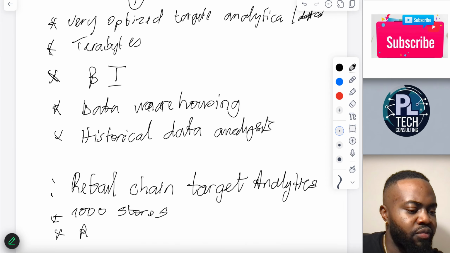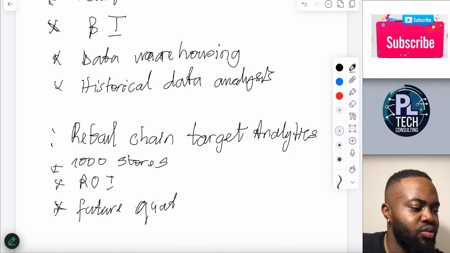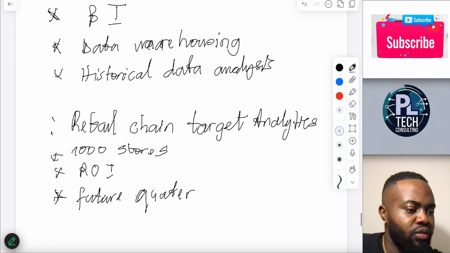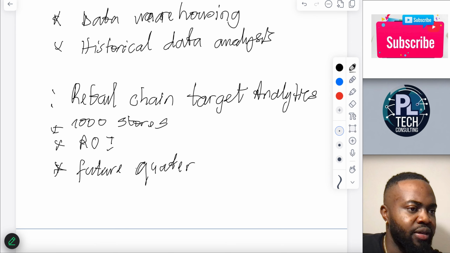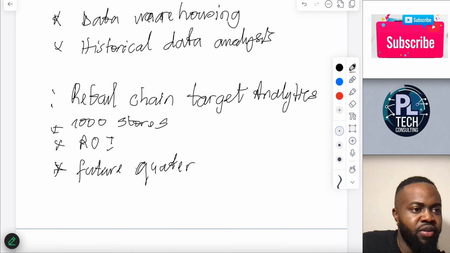Calculating return on investment, or forecasting future quarter sales based on data from the last 24, 25 years. Or think about marketing campaign analysis, trying to figure out return on investment.